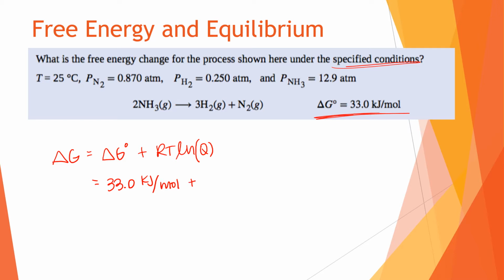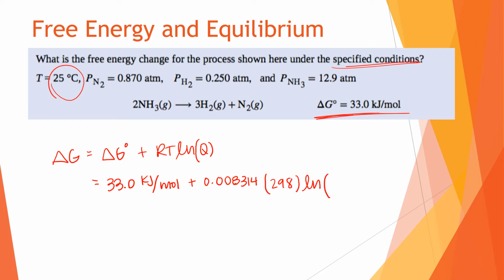Plus my R value is 8.314 joules per mole Kelvin. This is in kilojoules, so I need to convert it: 0.008314, times the temperature, which is 25 degrees Celsius, which is 298 Kelvin, times the natural log.